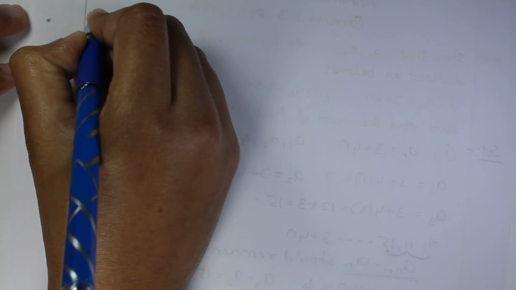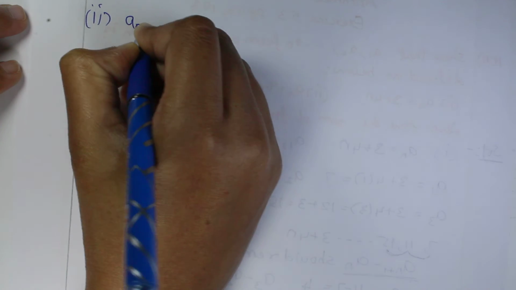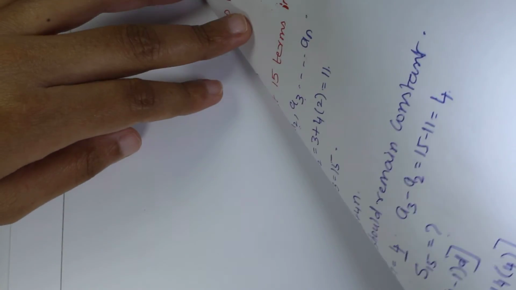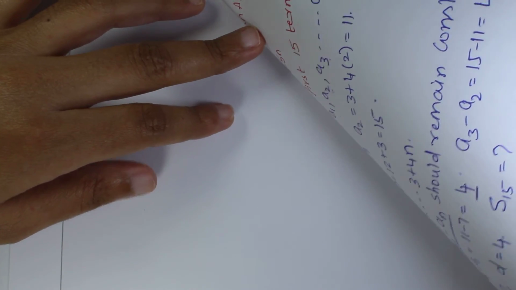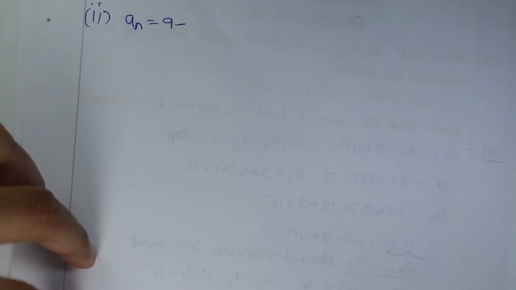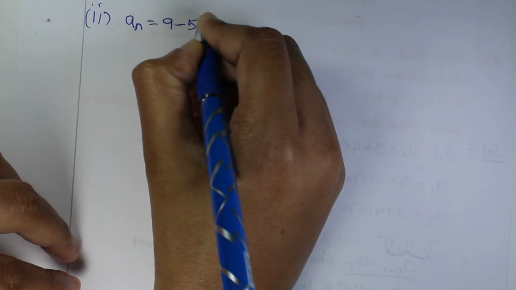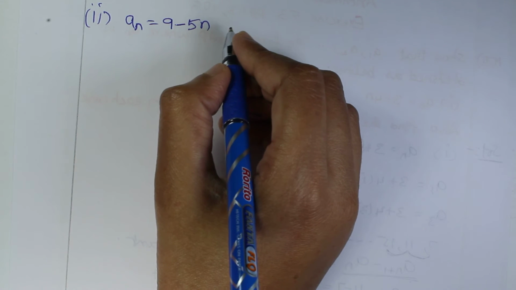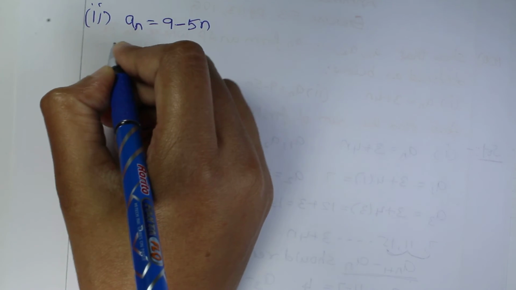So it's given in the second problem, an is equal to 9 minus 5n. We have to prove this series forms an arithmetic progression. So let's find out the a1 value.